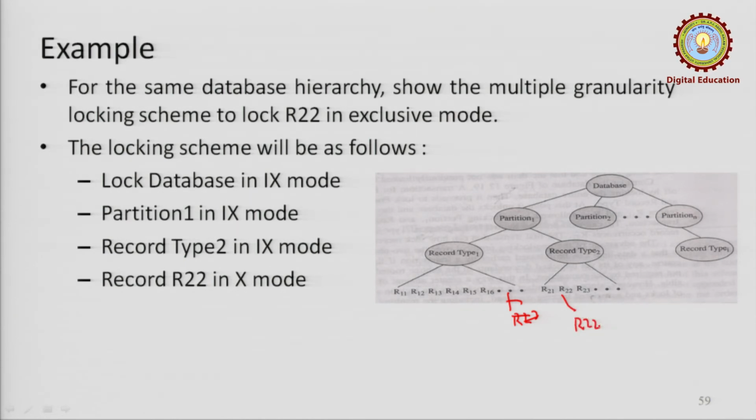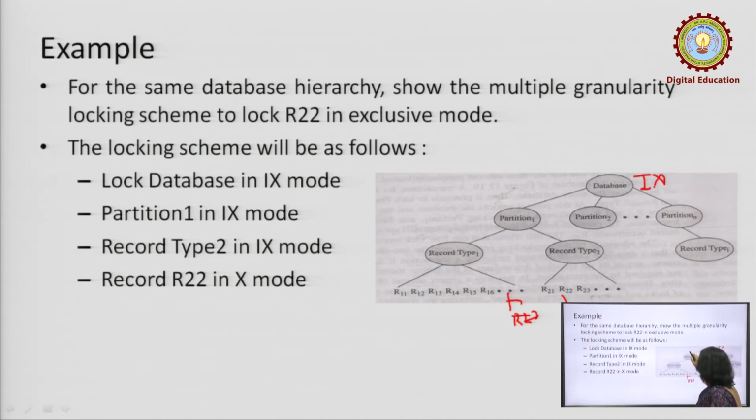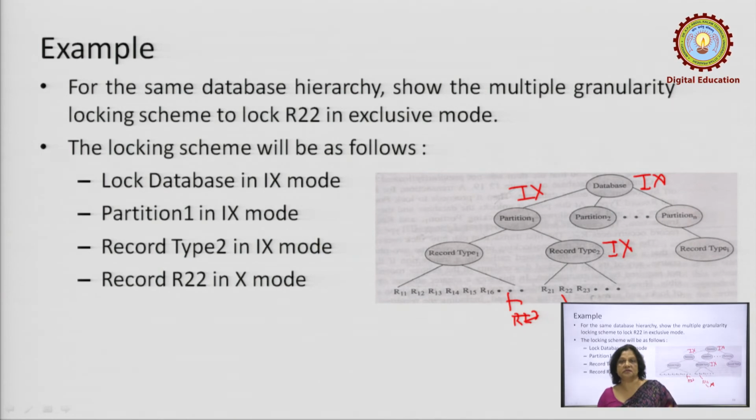So, how does the locking scheme work? Database in IX mode, partition 1 in IX mode, record type 2 in IX mode and R22 in X mode. So, this is how the locking scheme will work.